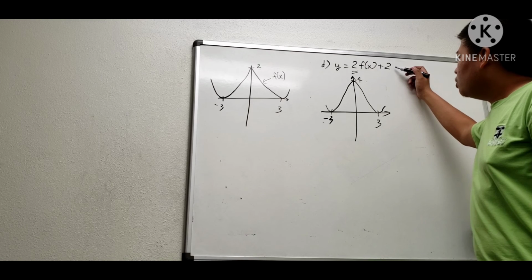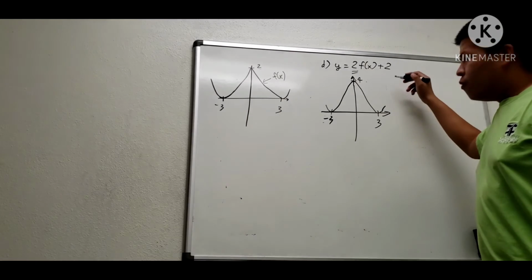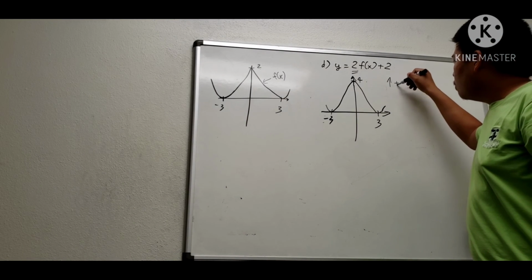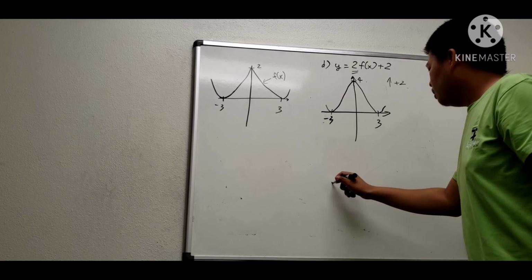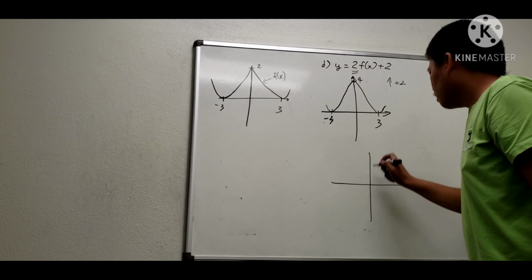Now we have plus 2 in here, plus 2, they will move upward 2. So the graph for this one will be like this.